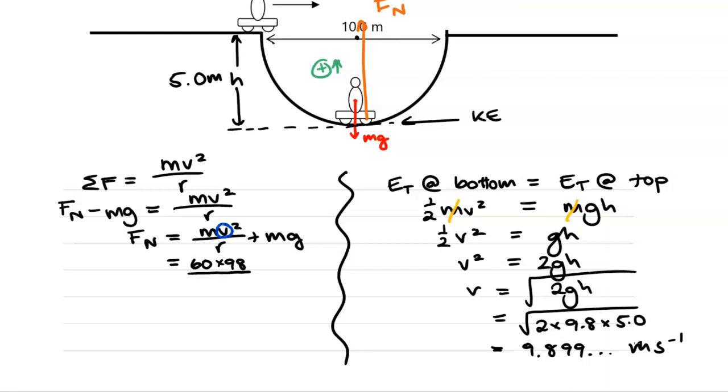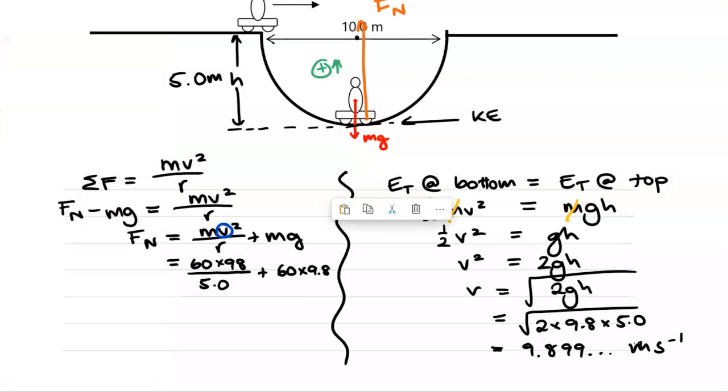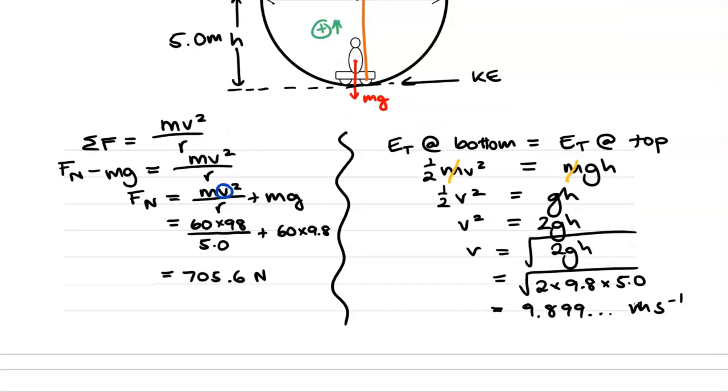Or again, you could do 9.899 in brackets squared. The radius was 5 meters, and we've got the mass again, 705.6. If I wanted to answer to 2 sig figs, I could write that as 7.1 times 10 to the 2 newtons.